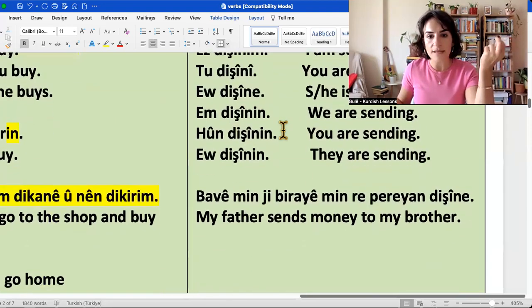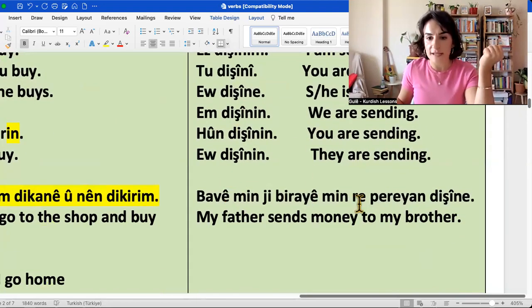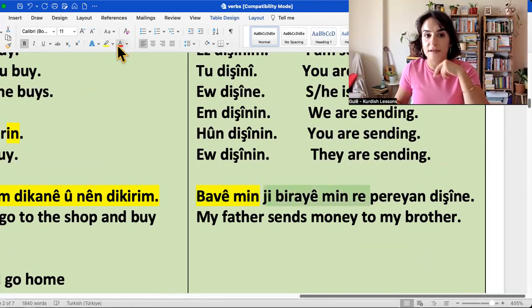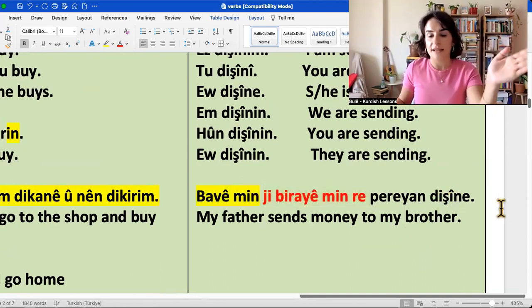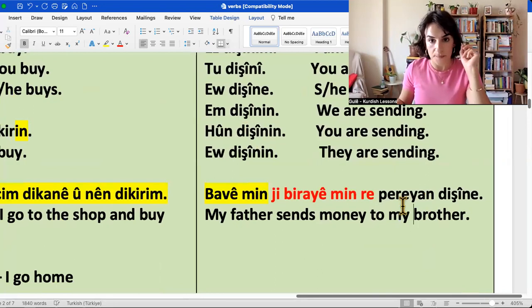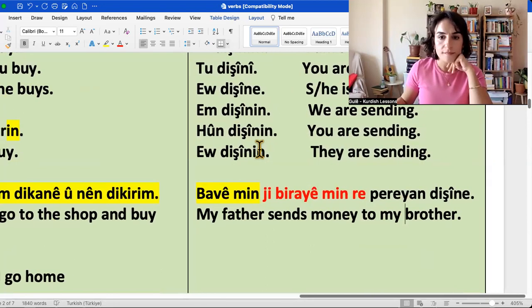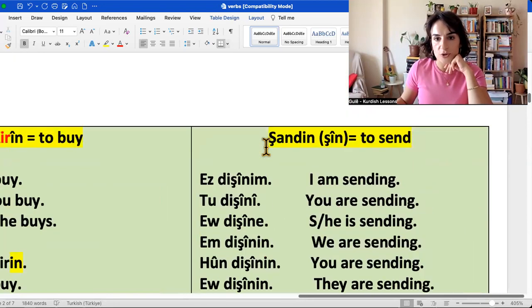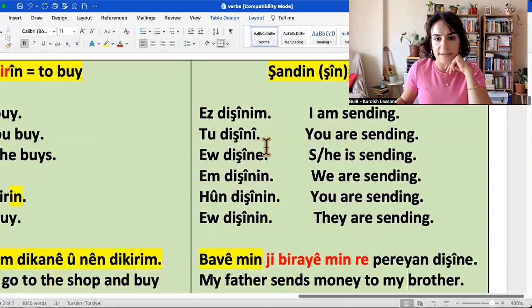There is an example. Bave min, jibraye min re, peraya the shine. Bave min, my dad, jibraye min re, to my brother, for my brother, peraya the shine, sends money. Okay? It is an important verb, shandan, to send.